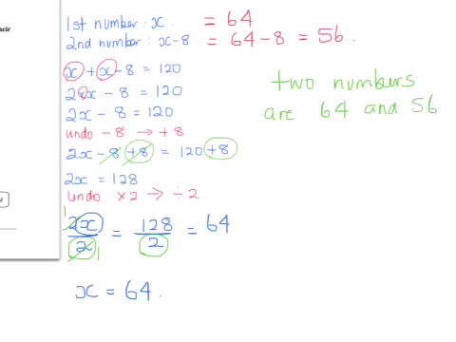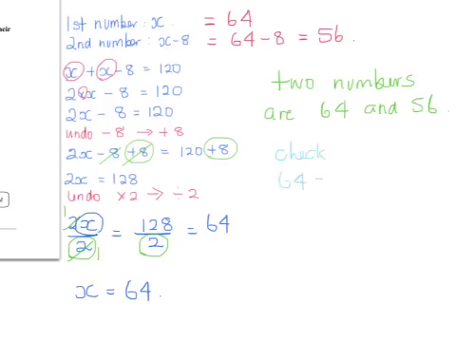Is it the correct answer? Well, I can only check by seeing that the difference between the two numbers is 8. So let's do our check. We'll choose a different colour again. Let's choose a nice pale blue. Check the difference between the two numbers.